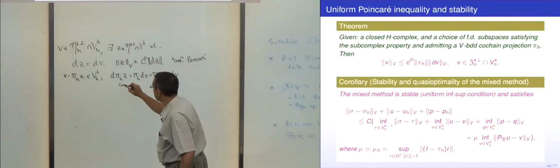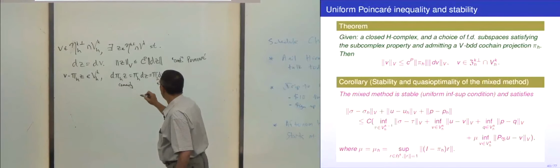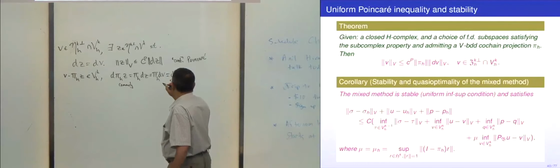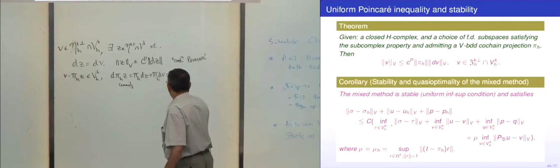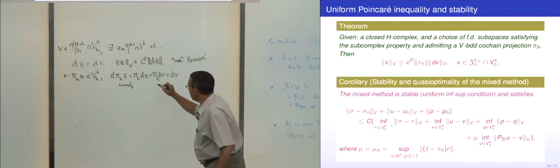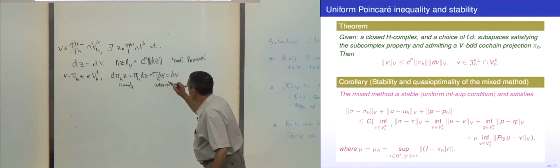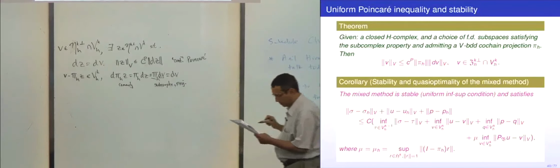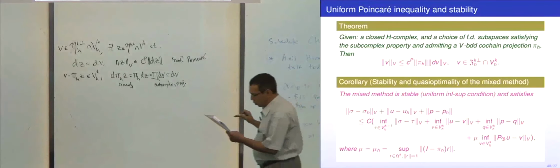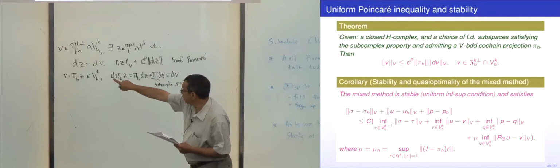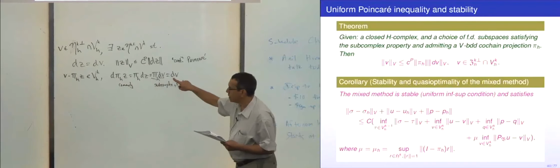So we have commuting, or cochain map. We have a subcomplex, so dv is in the space, and we have a projection operator. So when I apply it to something in the space, I get it back again. Okay, so d of pi^h z is the same as dv.